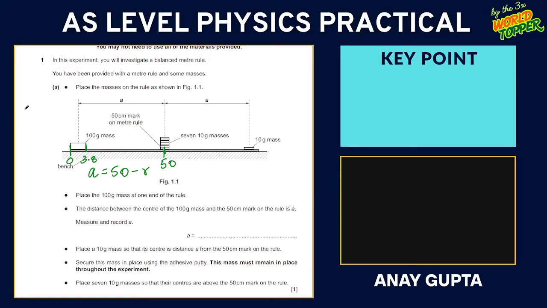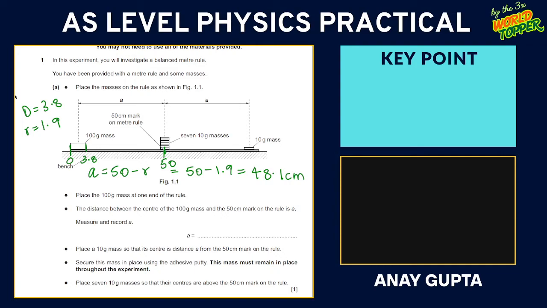Now I know the diameter is 3.8 centimeters, so the radius will be the diameter divided by 2, which will be 3.8 divided by 2, that comes up to 1.9 centimeters. Now if I just substitute the value of r into my equation, I get that as 50 minus 1.9, which comes up to 48.1 centimeters.